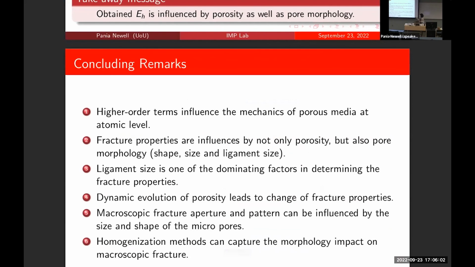So basically, the overall point I wanted to highlight is that there are all these tools available to us. We have experimental tools, numerical tools, modern tools, theoretical tools, that we can bring together to help us design materials that can capture the evolution of these porous structures, either through homogenization, as I said, or looking at the nanoscale or microscale.